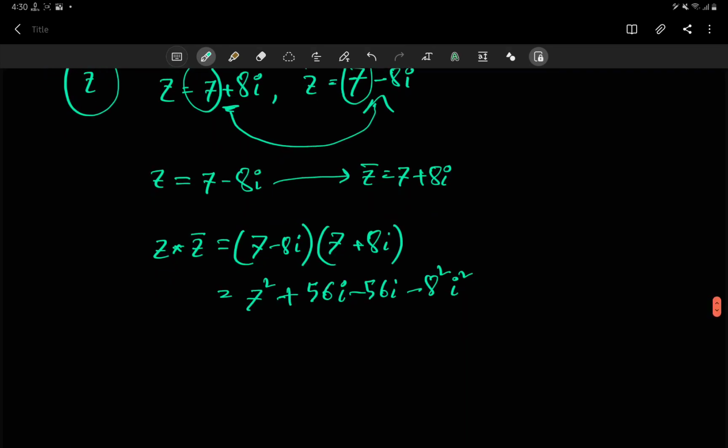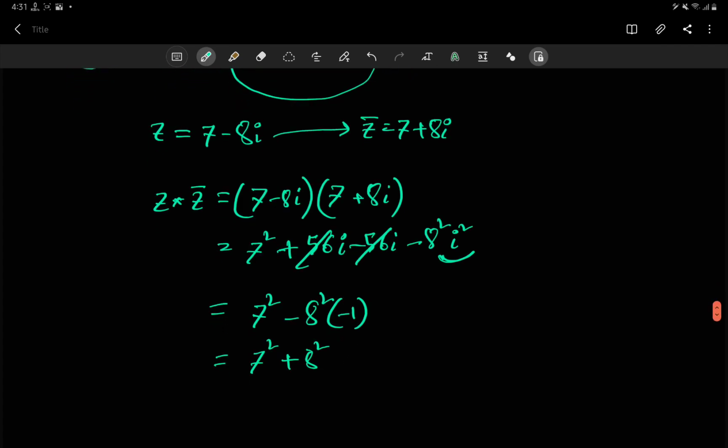And if you can see that the 56 cancels out, we have 7 squared minus 8 squared i squared, and we know that i squared equals minus 1 from previous logic and the definition of i. So we have 7 squared, minus times minus, plus 8 squared, right?